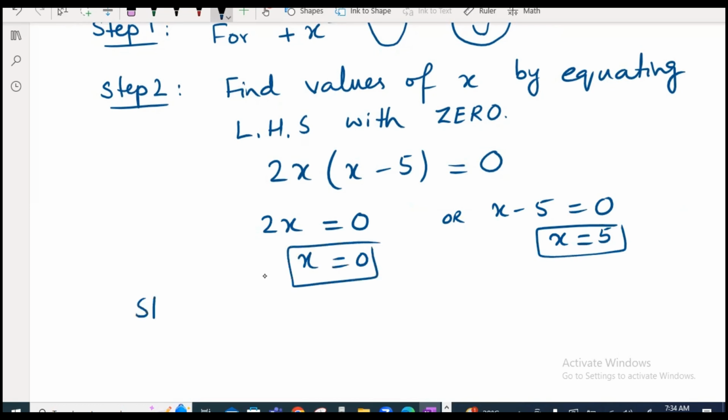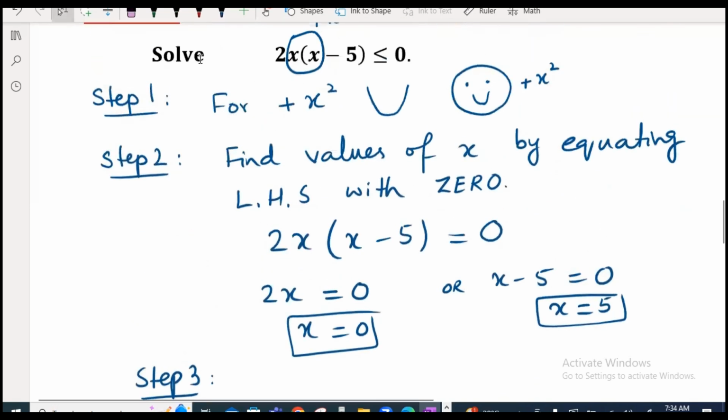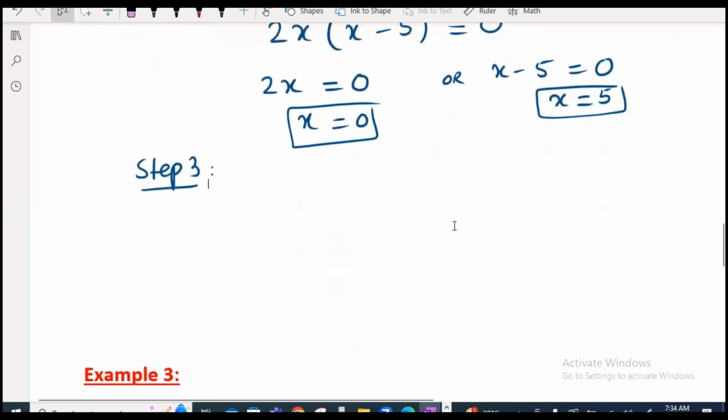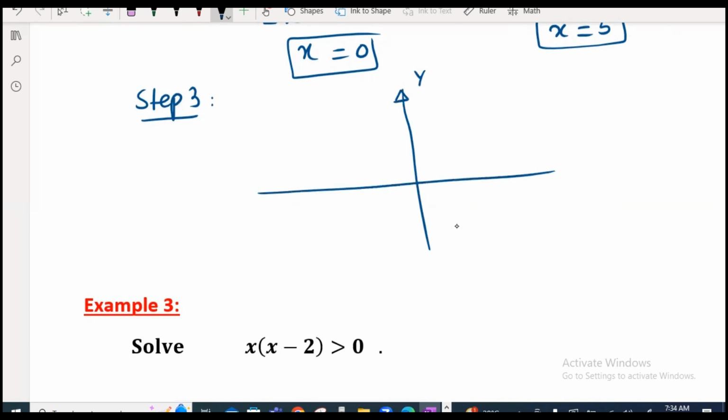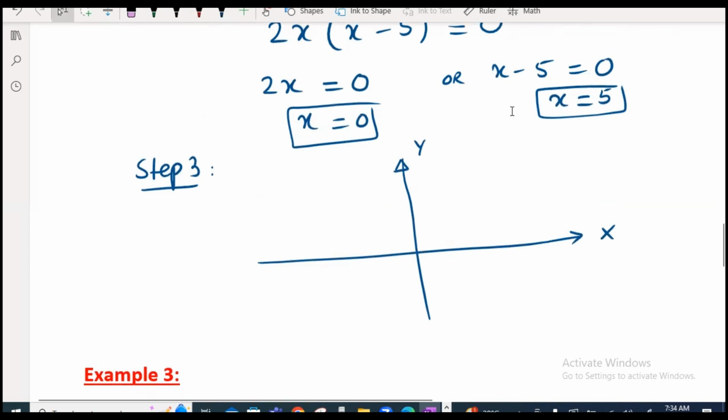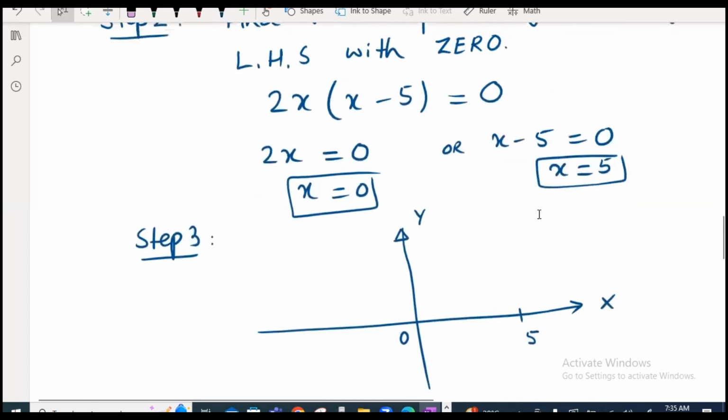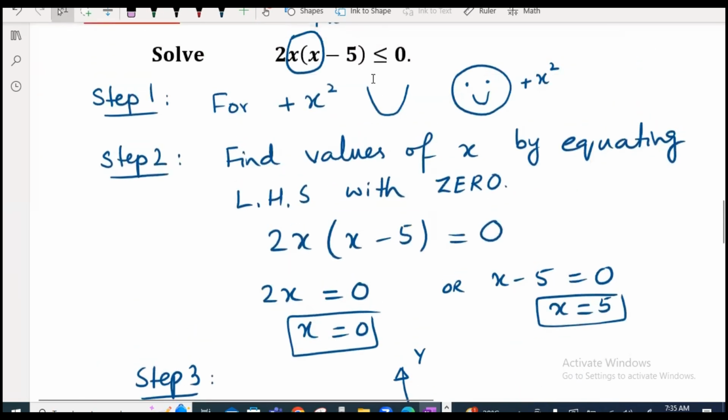Step number 3, with the help of these values, sketch the quadratic function or inequality. This is y and this is the x-axis, and we have the two values 0 and 5. And in step number 1, we have decided that this type of parabola will be sketched.